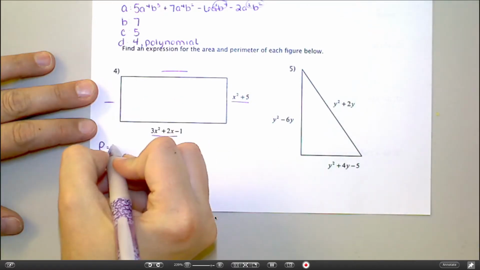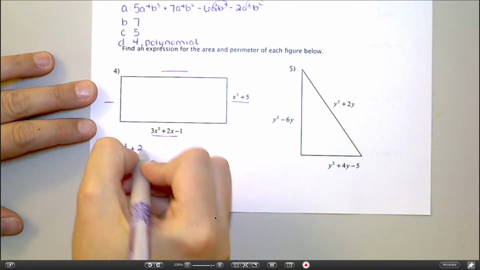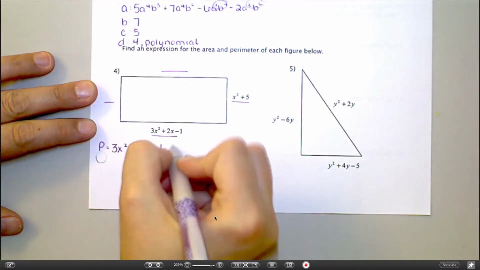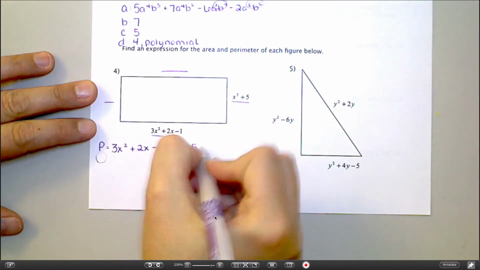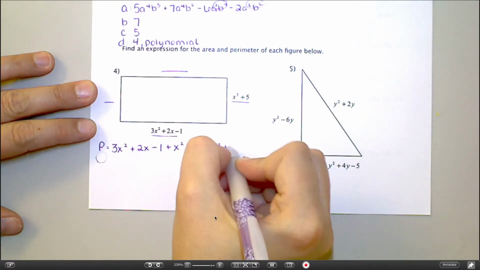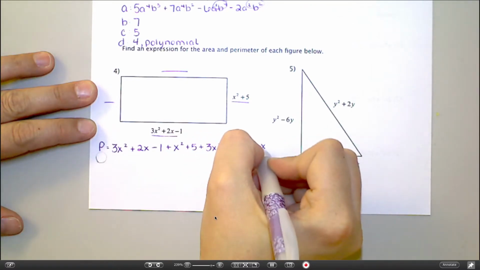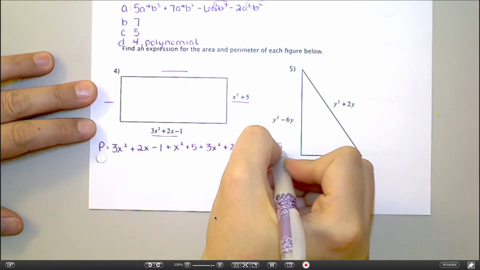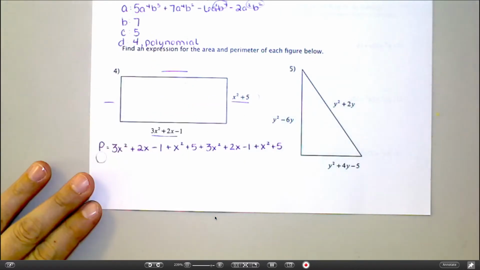Okay, so I would say 3x squared plus 2x minus 1 plus x squared plus 5 plus 3x squared plus 2x minus 1 plus x squared plus 5. Okay, so I added up all four sides, and then what I need to do is combine my like terms.